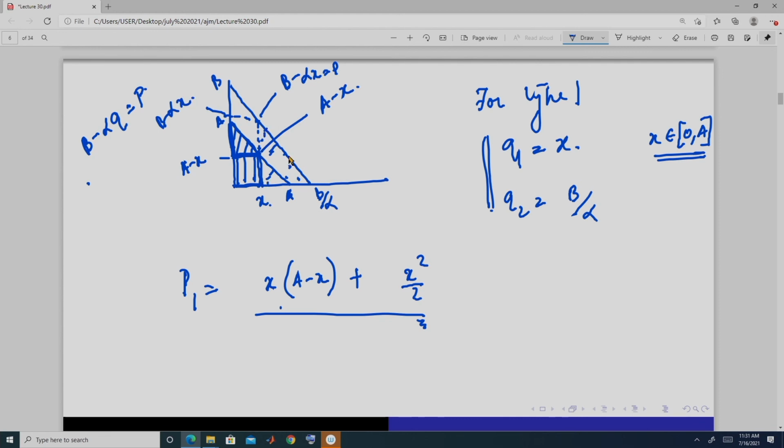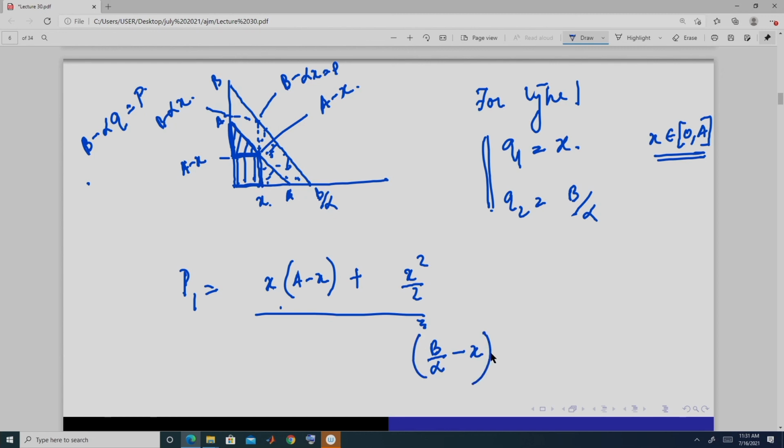So, the area of this dotted triangle is what? Height into base divided by 2. So, this is B by alpha minus x, because this is x.